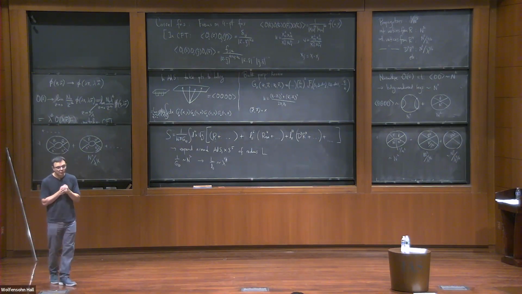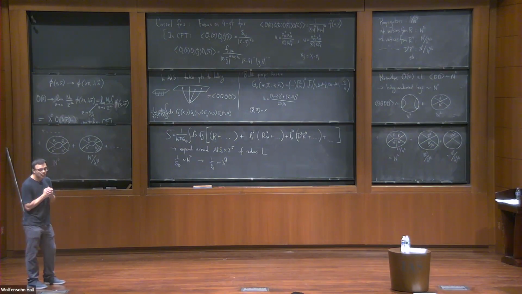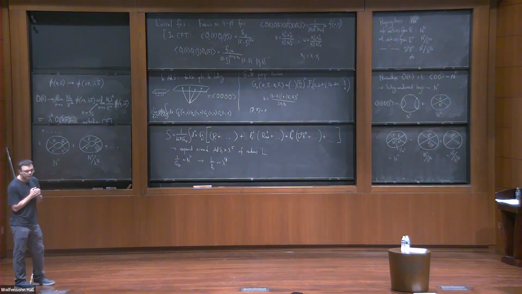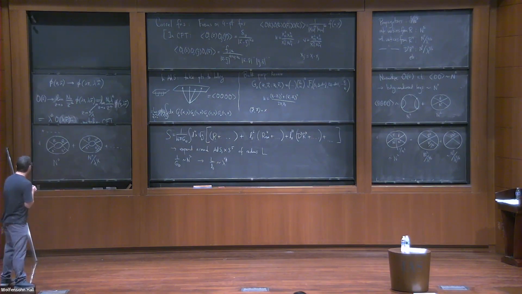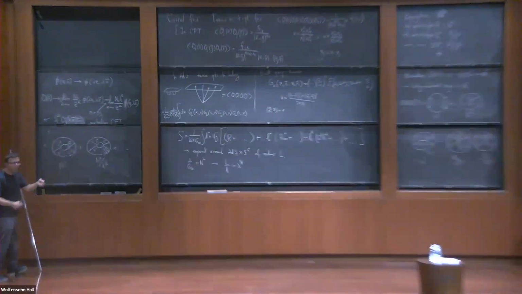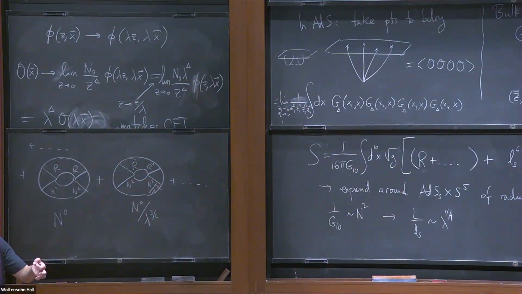Yeah. Indeed, giving you corrections in 1 over N and in 1 over lambda. So, are they really related to string theory, like the perturbative expansion in string theory? Yes, you can think of these diagrams: whenever you have a bulk line, you can think of thickening it a little bit, and it's a closed string that propagates. You can also draw a string diagram.